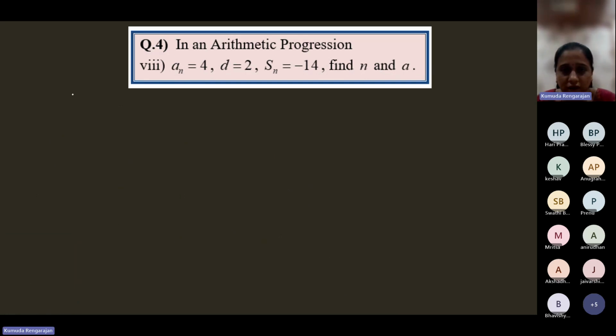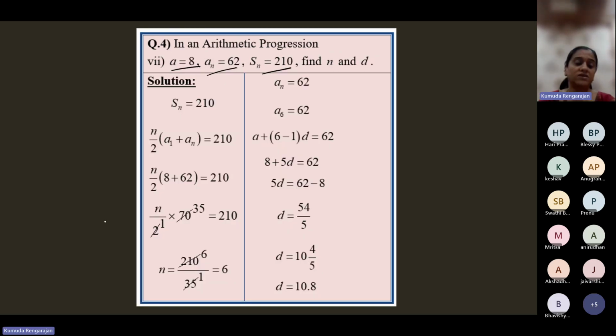So here we are given, I'll just repeat, Sn and An along with d here. But in the earlier one, Sn and An were given along with a. Since it's given along with a, you know the Sn formula: n by 2 of the first term plus the last term. The first term is known, the last term is known, so you can find n. a1 is 8, an is 62.